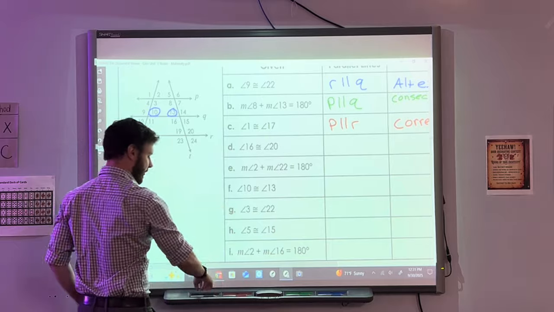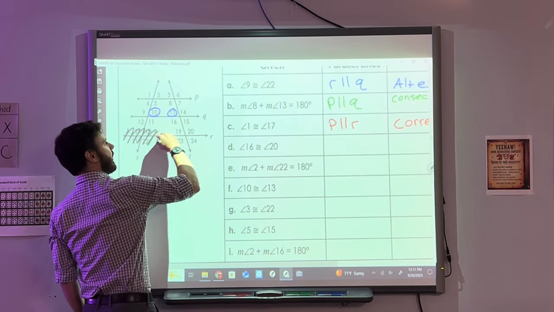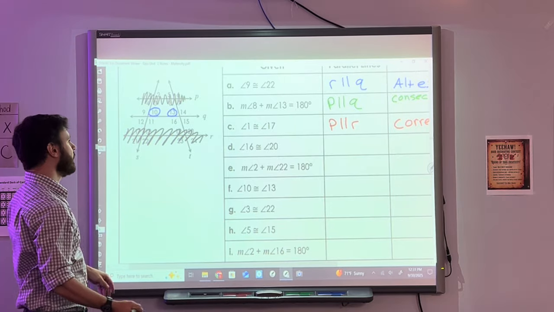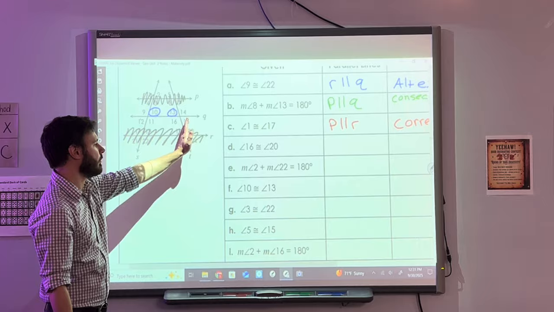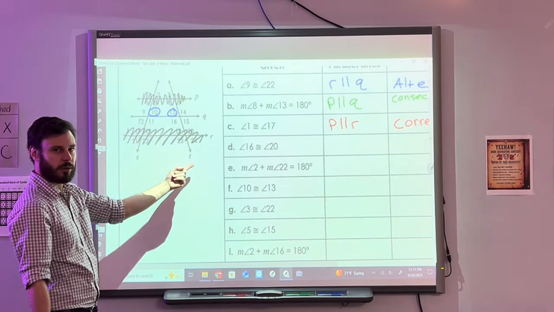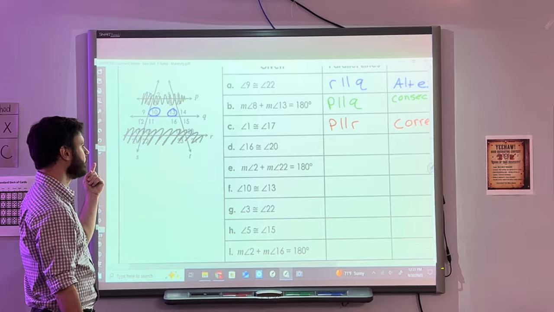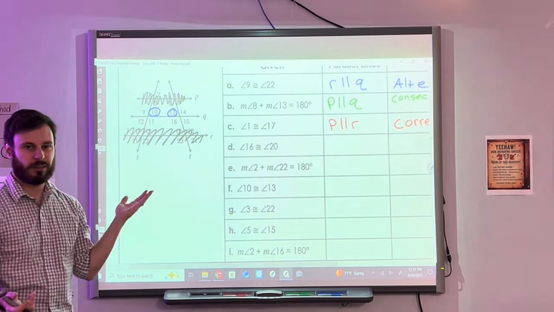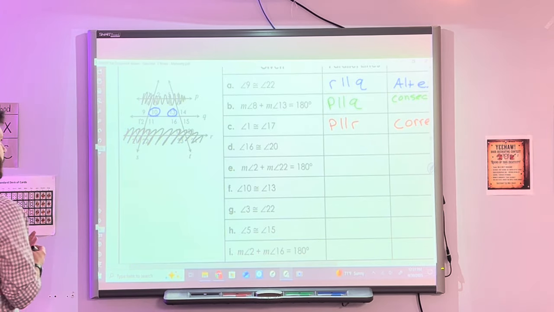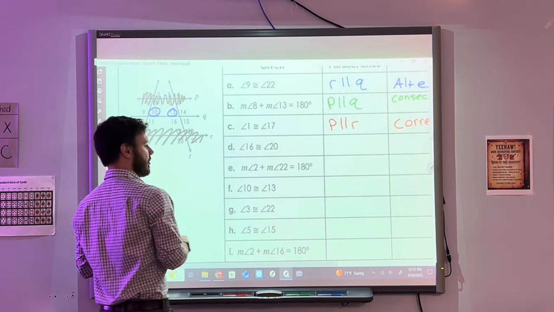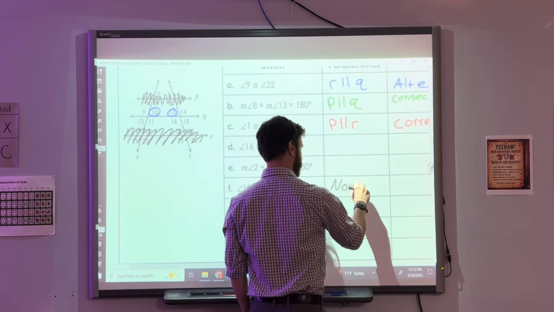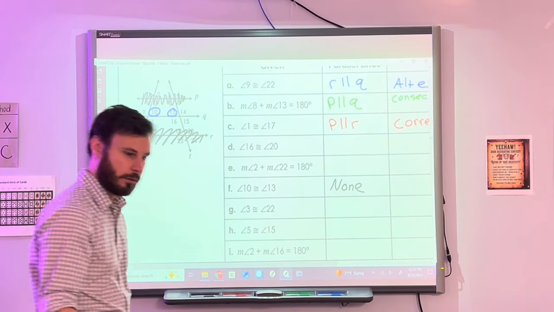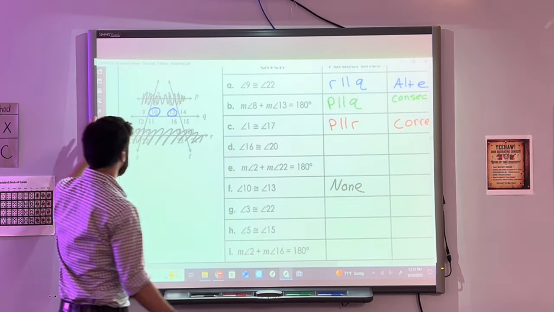If I cover everything else up, if I scribble out this bottom, and I don't focus on that, and I scribble out the top, and I don't focus on that, well, then this has to be that. All right, do these lines look parallel? No, they don't. And it's telling me that 10 is the same as 13. Okay, it can tell me that all at once, but I can just tell by looking at S and R that these are not parallel, so none. And then we don't need a reason. So take this slow, go bit by bit, and you can fill in the rest of this with a partner.